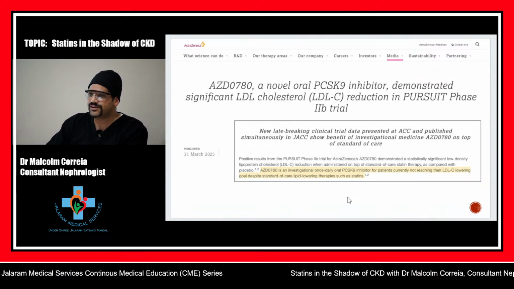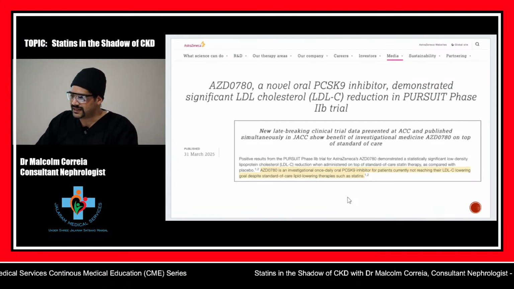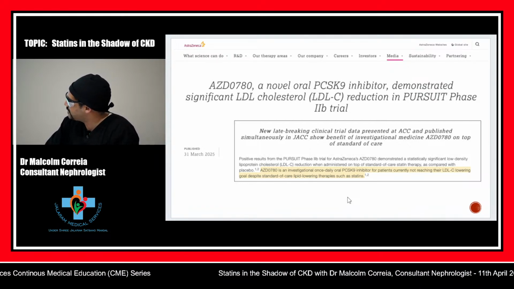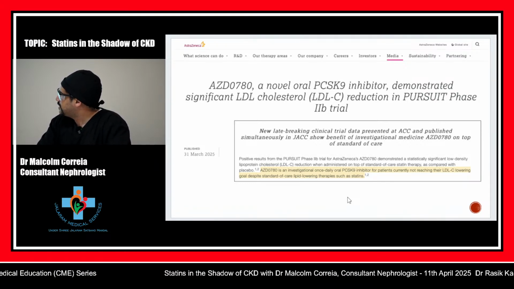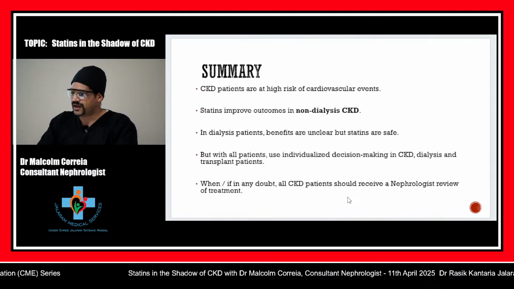So this is very relevant and very new. And it's a new late-breaking clinical trial presented at the ACC and published simultaneously in the JACC, showing benefit of this investigational medicine on top of standard dose of care.